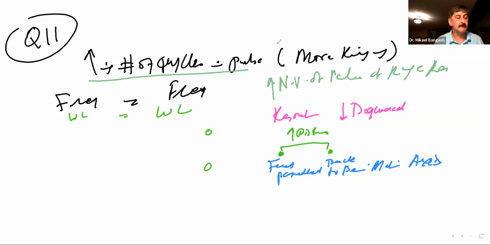Any doubts, ladies? So it all comes down to the resolution relationships. But you have to be watchful because question 10 and 11 may look the same.